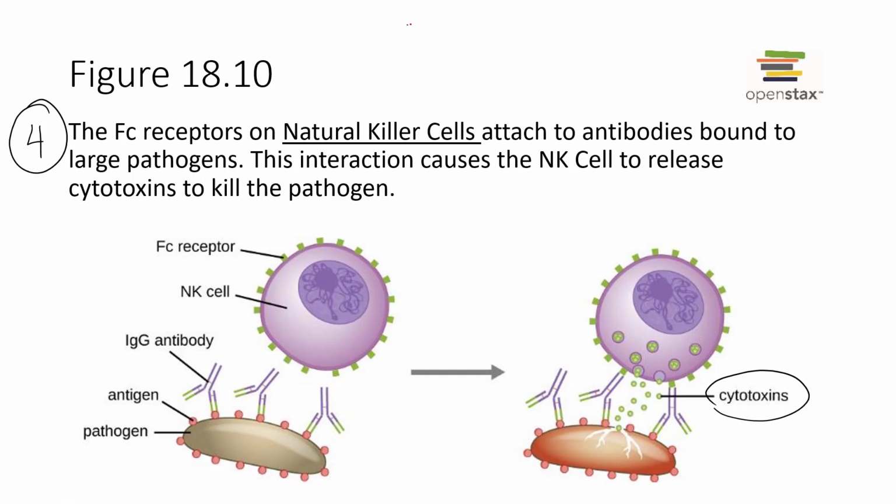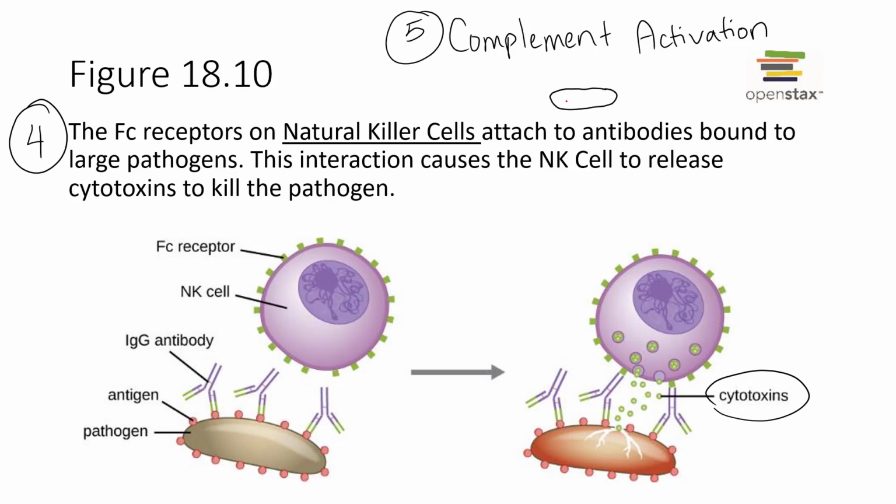Now the fifth function of antibodies is actually complement activation. So complement proteins can be activated if they come in contact with a pathogen, we'll call it antigen, if antigen is bound to antibody, if it's coated in the antibody, then the complement protein comes along and recognizes the Fc stem, and then complement begins to activate.